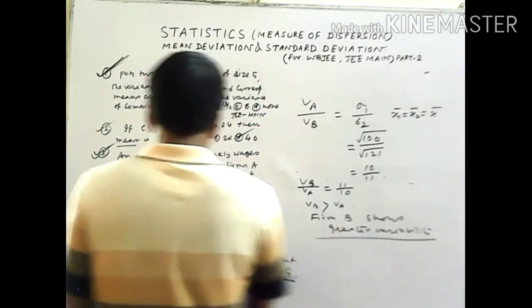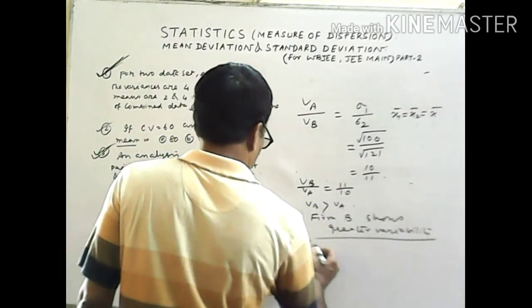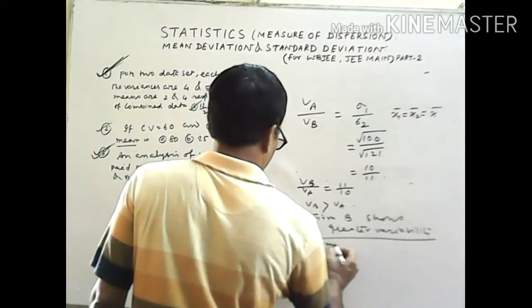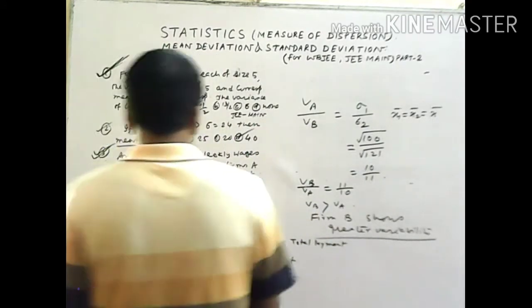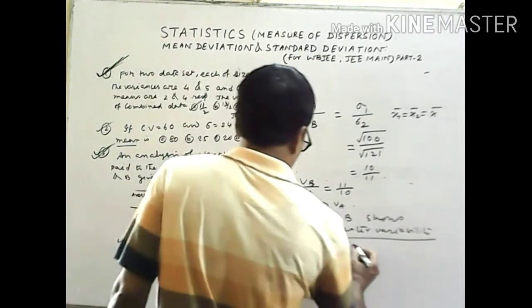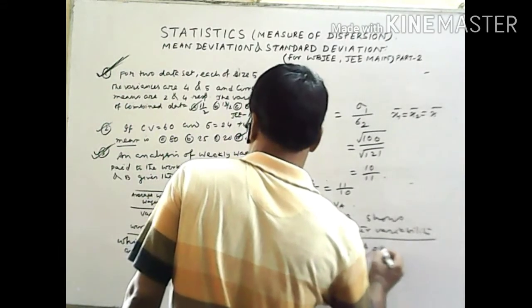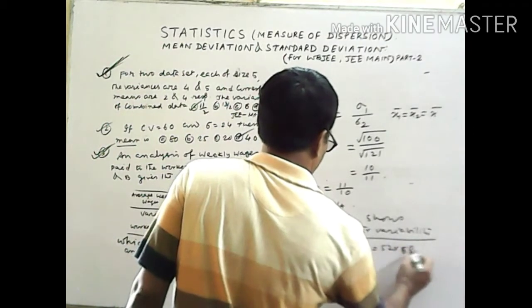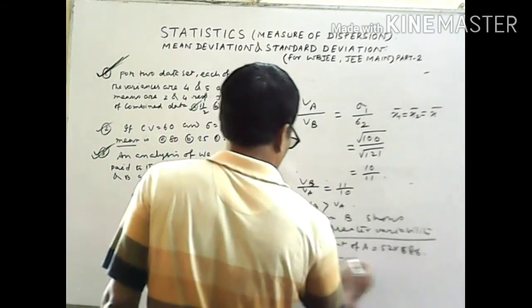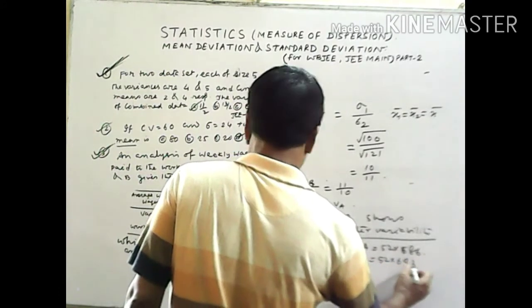Now, which firm pays out the larger amount? In this case, the total payment of A equals 52 into 586, and the total payment of B is 52 into 643.